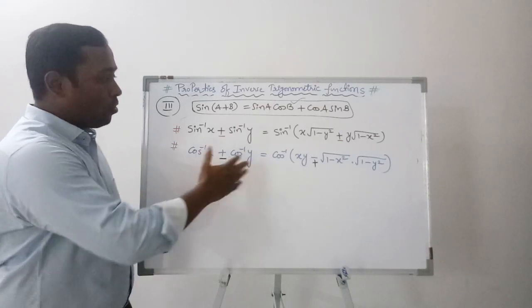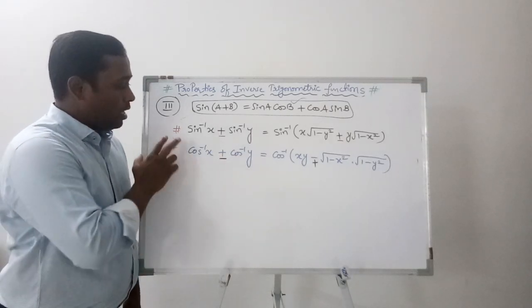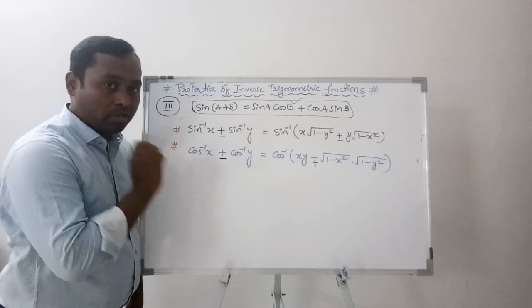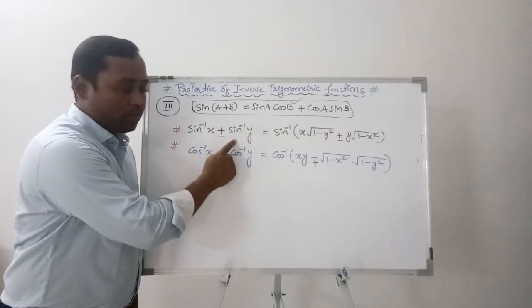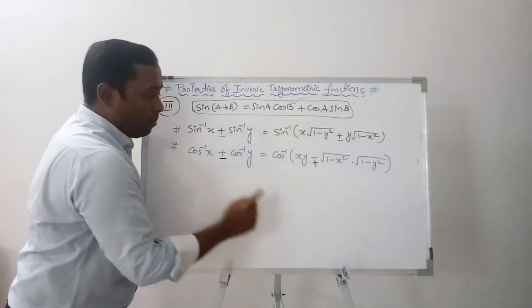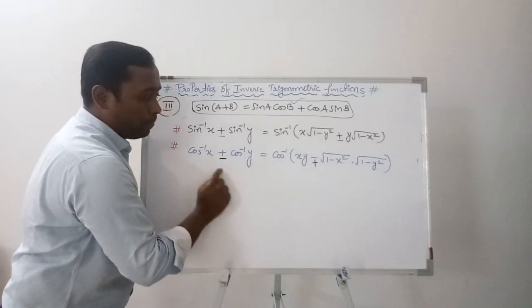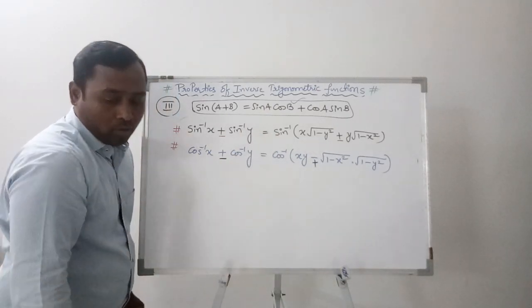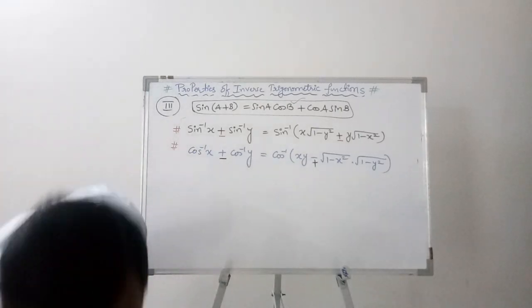Before going to tan inverse x plus tan inverse y, I want to recall the point you need to remember: while dealing with sin inverse x plus sin inverse y, or a difference, the same sign will go here, but while dealing with cos inverse, the opposite sign goes here. Okay. So now let's have a discussion on tan inverse x plus tan inverse y.